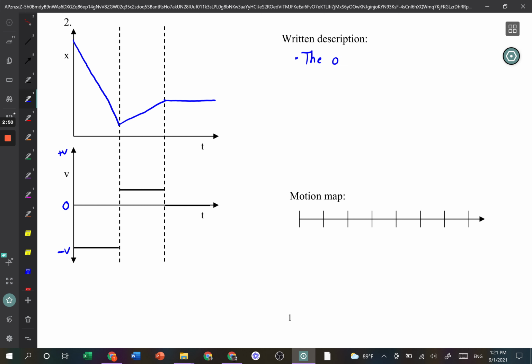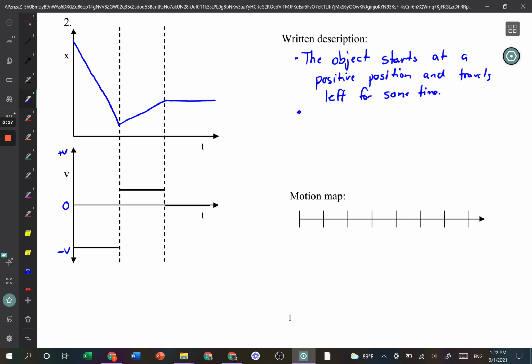The object starts at some positive position. And because the position decreases, I can say it travels left for some time. The next region of the graph is where the position starts to increase.